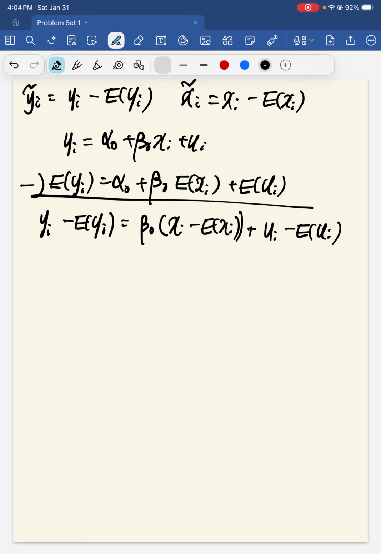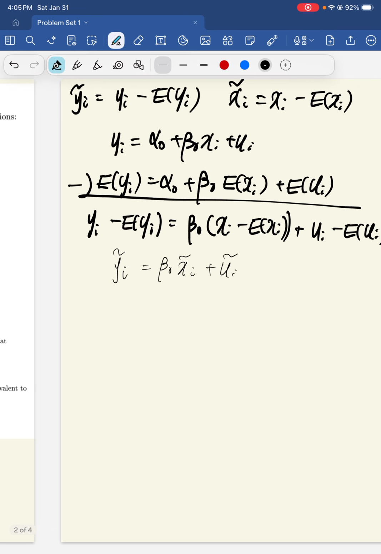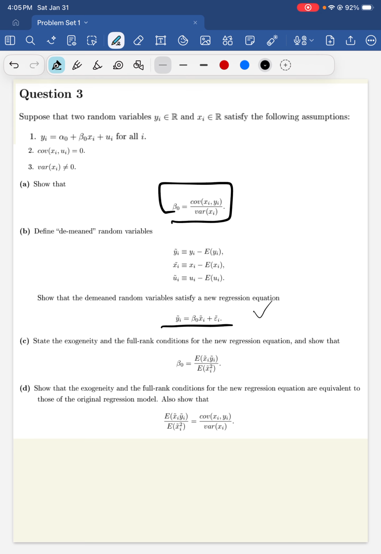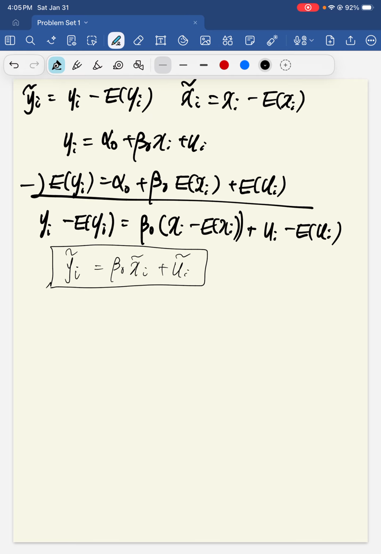Then you may rewrite y tilde equals beta 0 x tilde plus u tilde. Okay? Then it answers this question. Pretty straightforward. Now we are going to consider this equation. yi tilde is beta 0 x tilde plus u tilde.